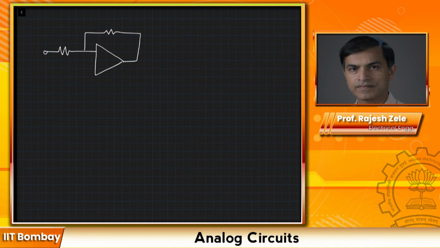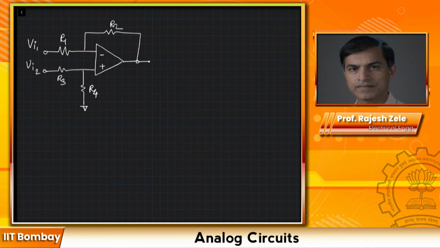This is my V input 1, this is R1, R2, minus and plus. And now I'm going to add another simple circuit here. So this is R3, R4, and I'm going to apply Vi2 here.